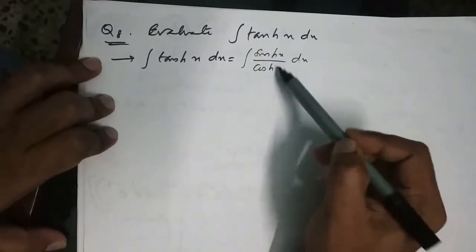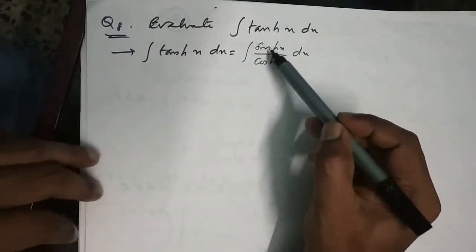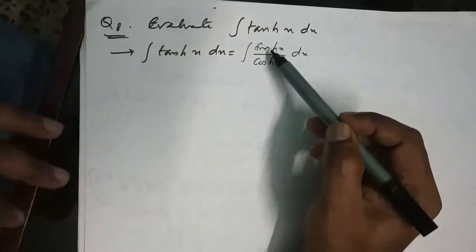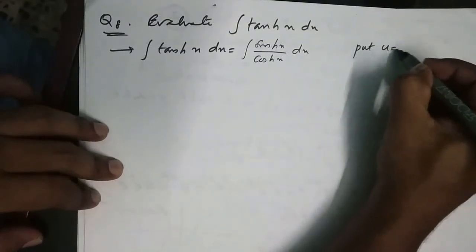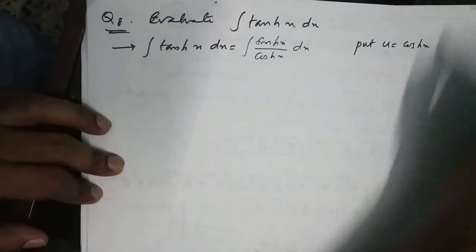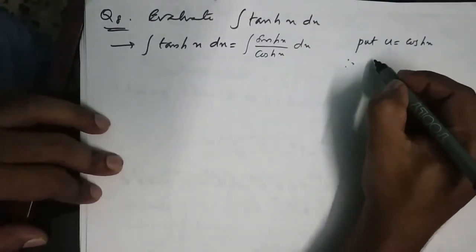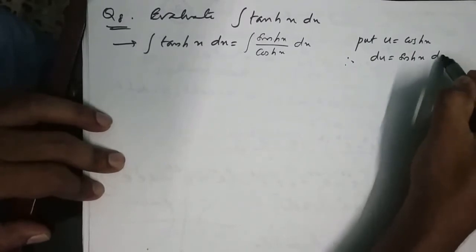If you take cosh x as u, the derivative of cosh x will be sinh x, so here is also the derivative. We can use the substitution method. Put u equal to cosh x. Therefore, du equal to sinh x dx.